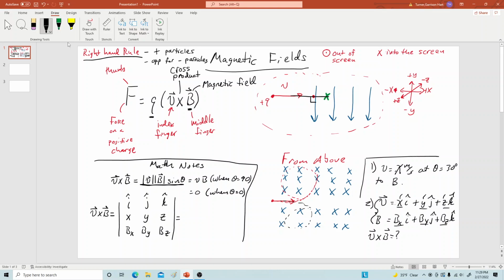The determinant is going to be your velocity in the y direction times the z component of B, and the z component of the velocity times the y component of B, in the i direction. And then it goes minus xBz minus zBx in the j direction, and then plus.